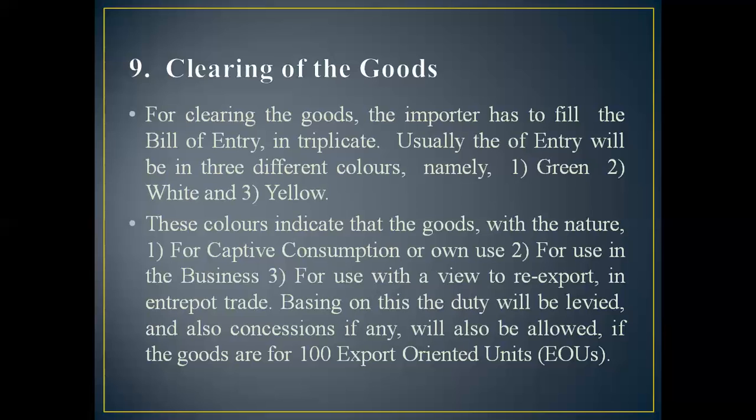The first one is for captive consumption or own use in the manufacture of certain goods. Whereas the second one is for use in the business. Third one is for the purpose of using in the business with a view to re-export, similar to the practices in the entrepot trade.